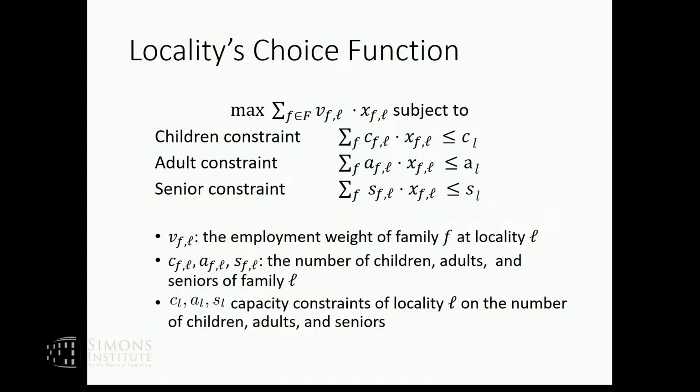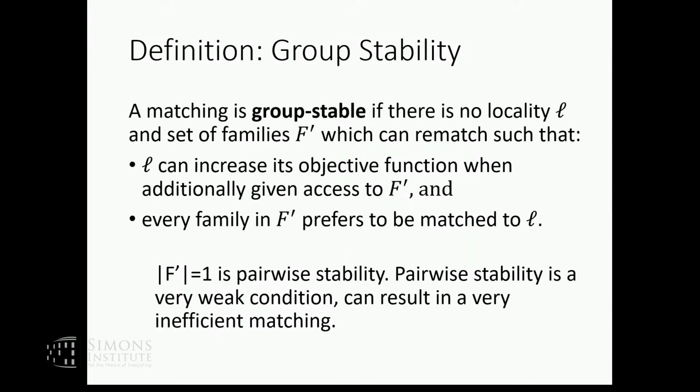The choice function is trying to maximize a weighted sum of this matching that satisfies all these knapsack constraints. So it's a fairly complex integer program, and the weight for each match captures how likely it is that this family can find jobs in that locality. So this is a relatively non-substitutable choice function.